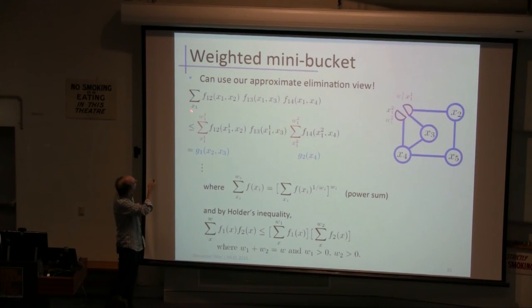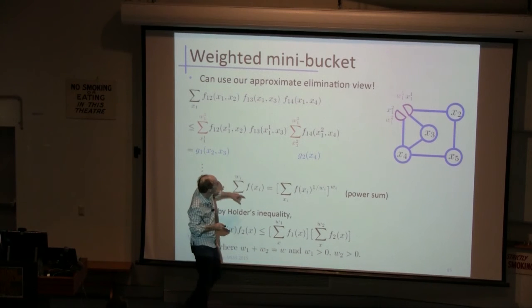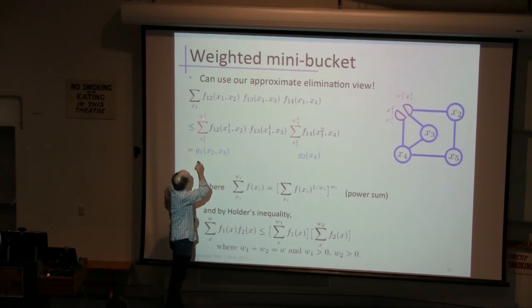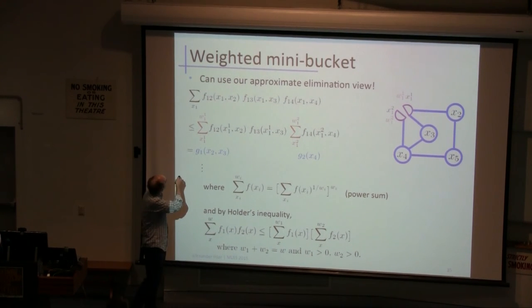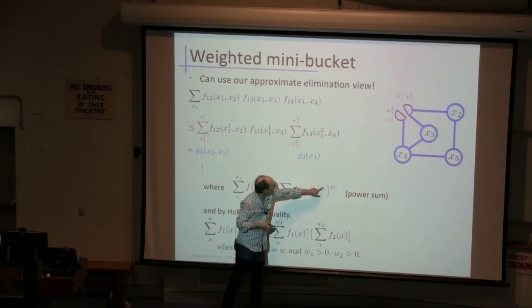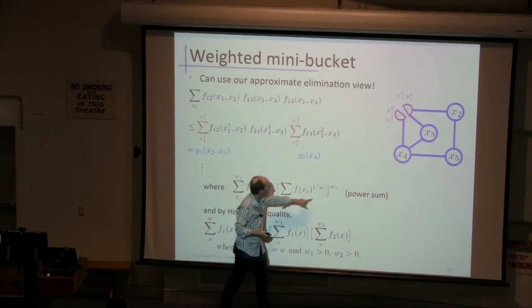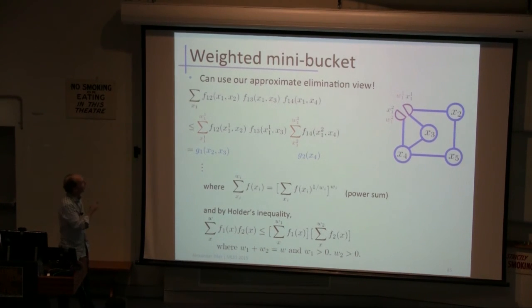So instead of summing over x1 in each part, we actually use a powered sum. So we sum with respect to weight 1 and weight 2, where those sum to 1. And what a weighted sum means is take its argument, raise it to the power 1 over weight, and then eliminate x1, and then raise that to the weight.